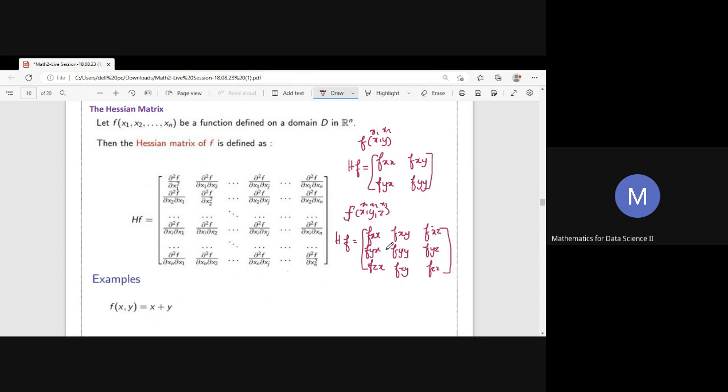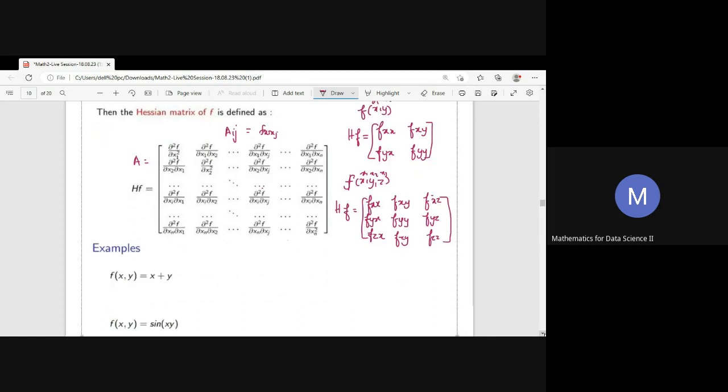If you are using the 1, 2, 3 terminology, it is very easy to observe. Suppose you call this matrix A, then the ij coordinate of this matrix is f xi xj. Very simple.